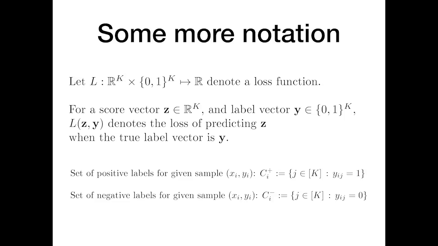Look at this k-dimensional bit vector and see which coordinates are 1. Those are the positive labels. Look at which coordinates are 0, those are the negative labels, which I'm going to call C minus I. The subscript I is because it's sample I. This is a very important piece of notation: the set of positive labels given sample I, and the set of negative labels given sample I.